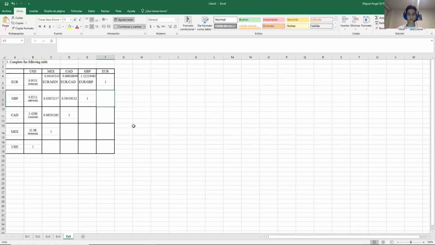Or what we can do is the inverse, 1 over this number, because as you can see, the currency that we are calculating in here is pound over euro, which is exactly the same as this one, but upside down. So remember that trick, we can do the inverse, 1 over this.